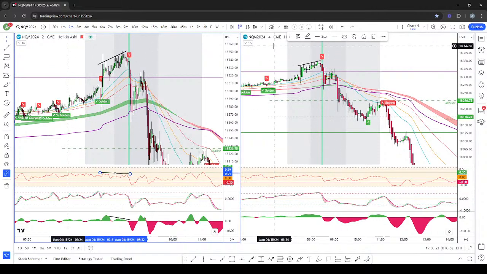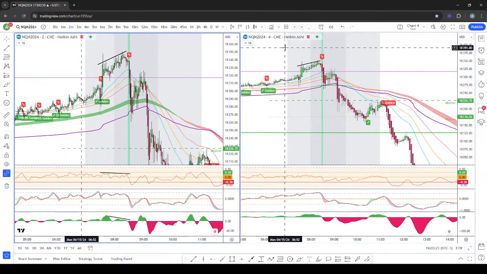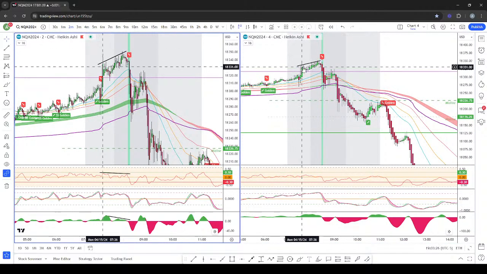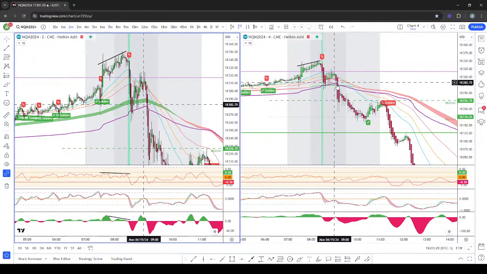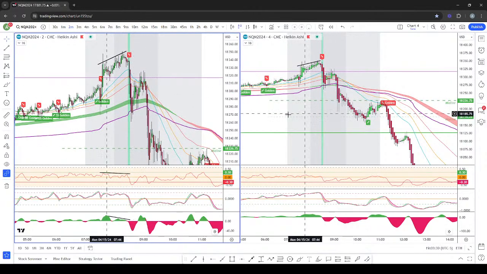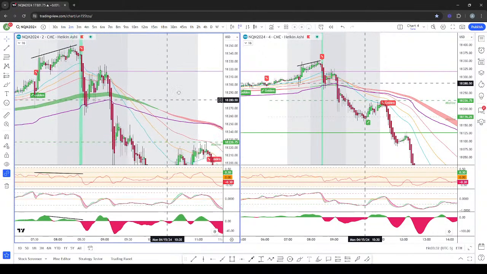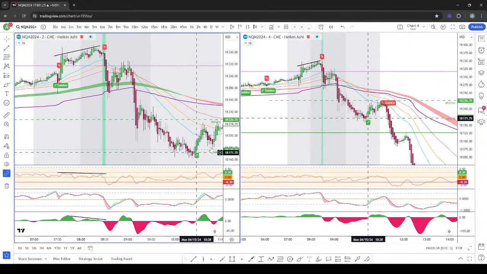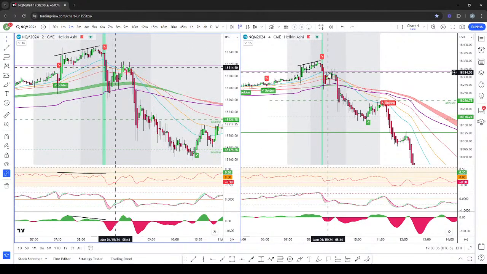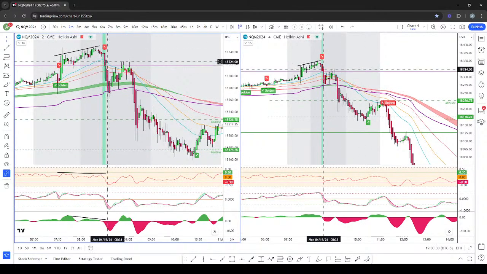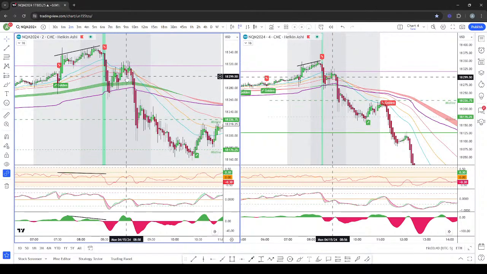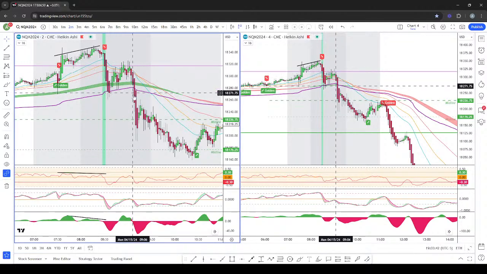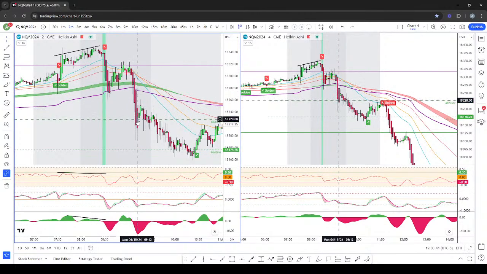Here I'm just showing you on a 4 minute, but you can go on the 5 or a 6 minute. As long as it's something a little bit higher, price tends to be a little bit smoother. And we'll see some nice examples right in here too. So after this, price moved up right into the EMAs and started to go down.